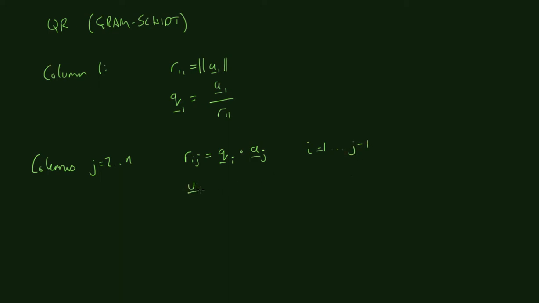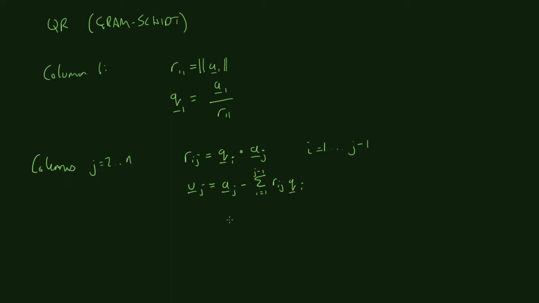Then we have our uj vector, and that's going to be equal to aj minus the summation of all the previous columns, i equals 1 to j minus 1, of rij qi. So this is that Gram-Schmidt process.